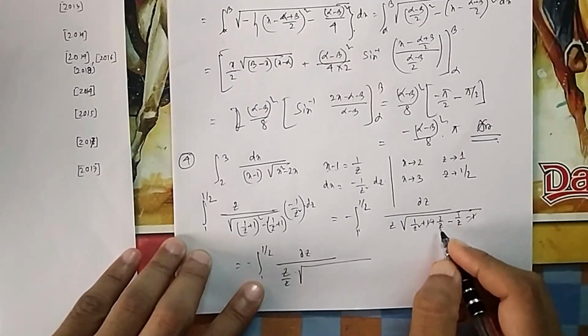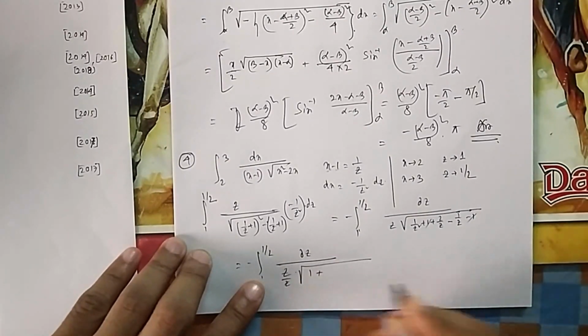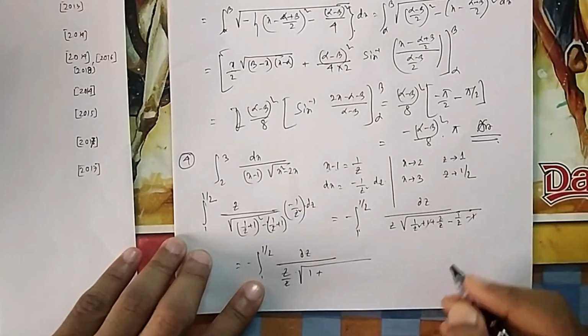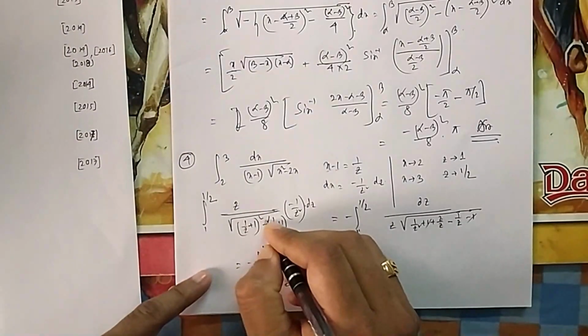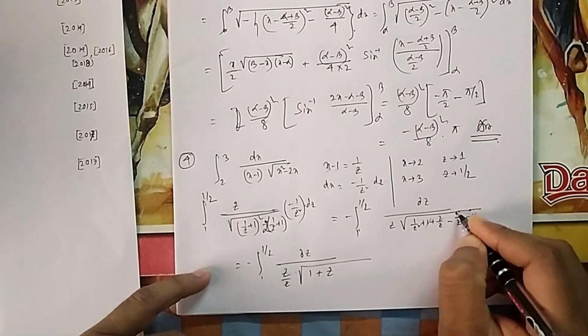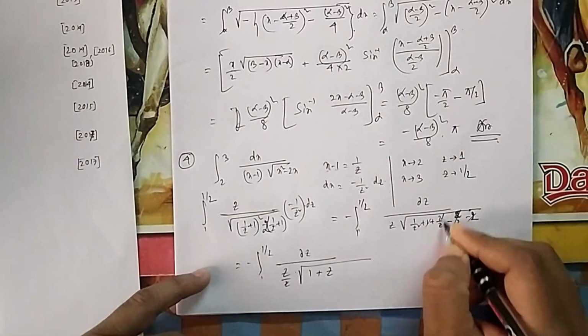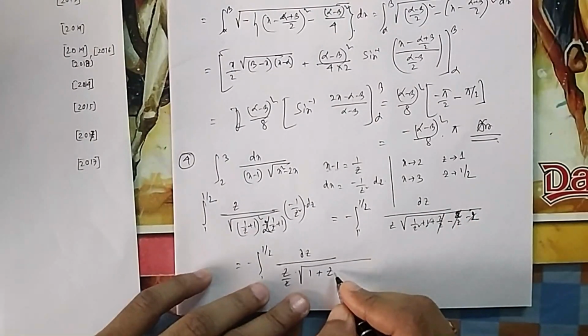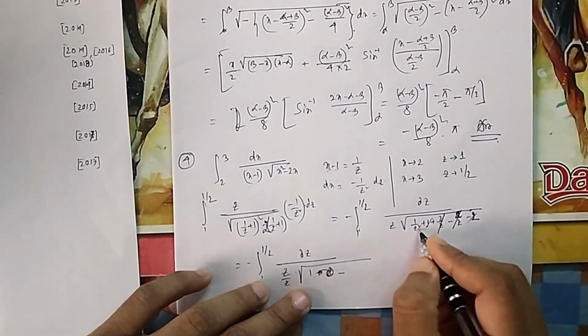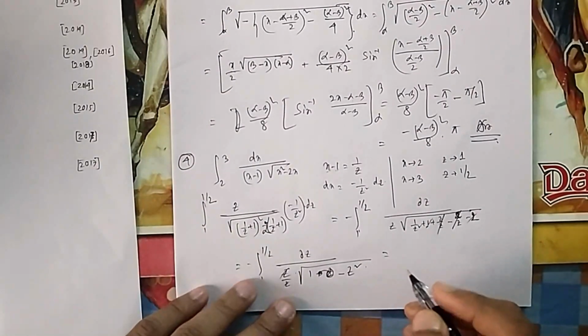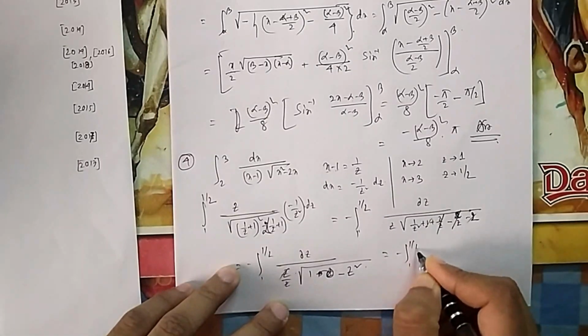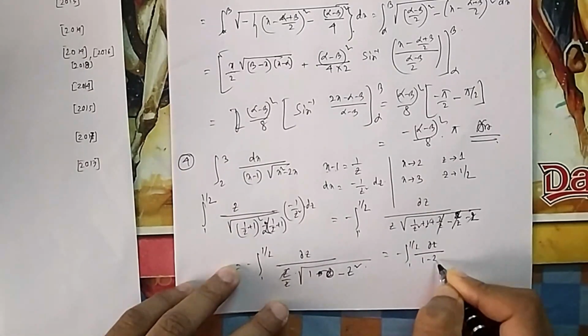Inside the root, it will be 1 plus 2 by z minus 2, so these and these will get cancelled, not this. So it will be minus 1, and if you take z square, that will be minus z square. So ultimately you are left with minus integral from 1 to half of dz by under root (1 minus z square).